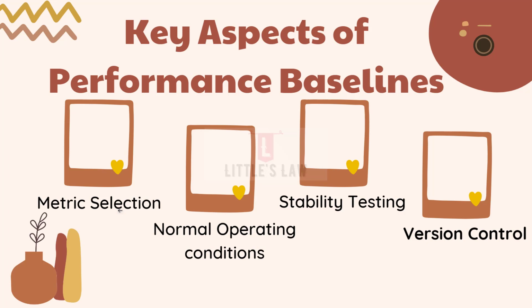This list can change because it depends on your application or system. They can increase, decrease, or stay the same, but you have to identify and document the key performance metrics.